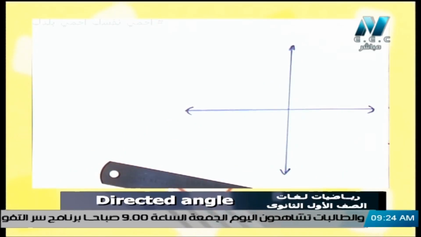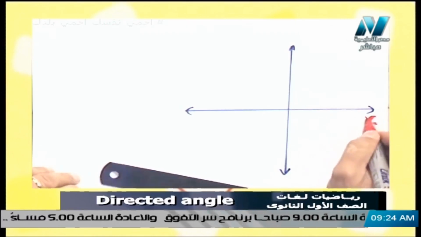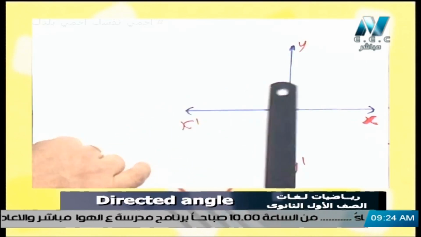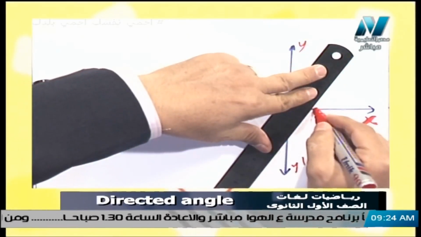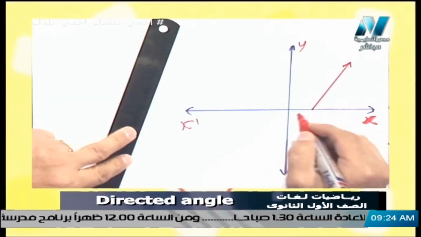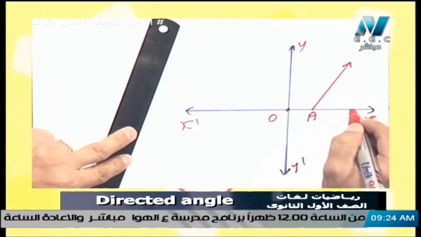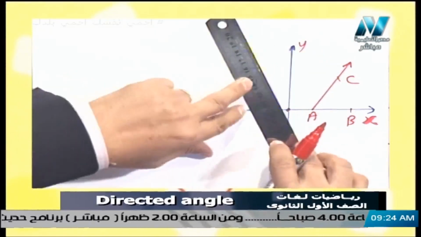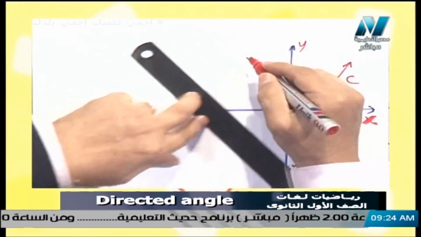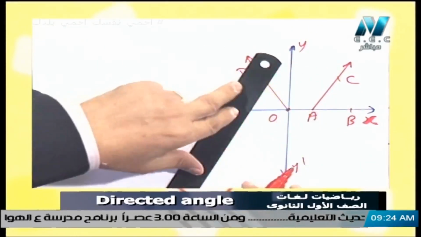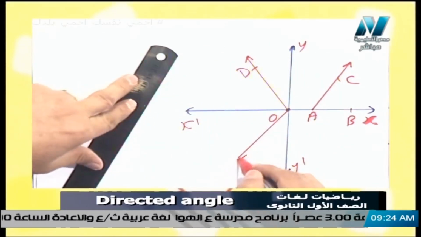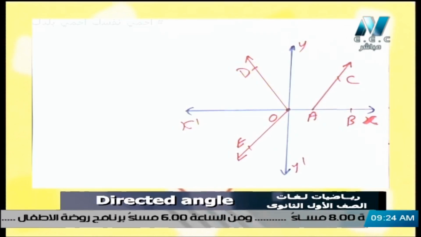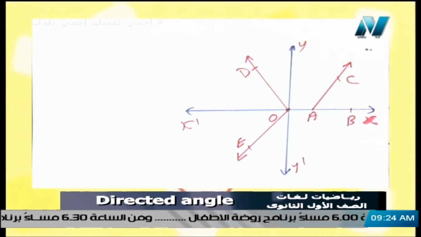We have the x-axis, this is x dash, y and y dash, and we will draw many rays, say O, A, B, C, that will be OD, and that will be OE.